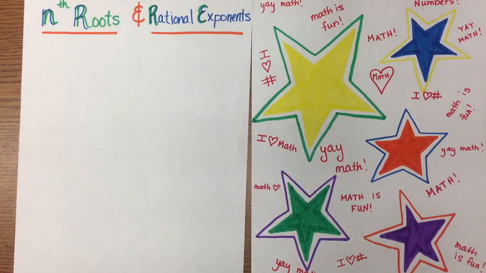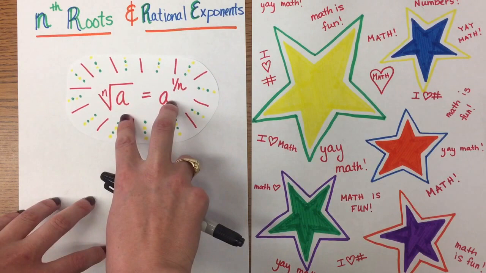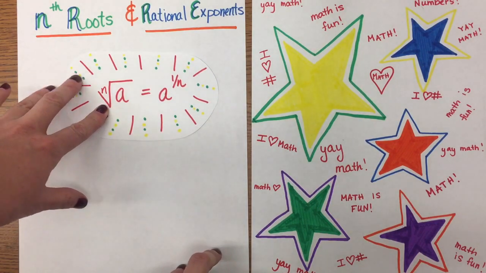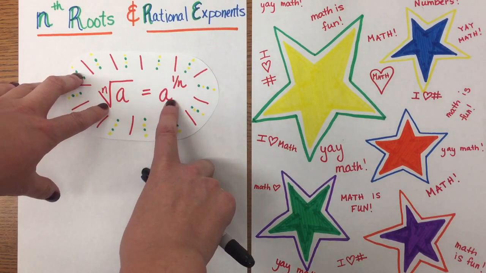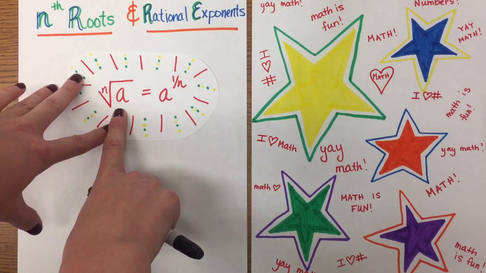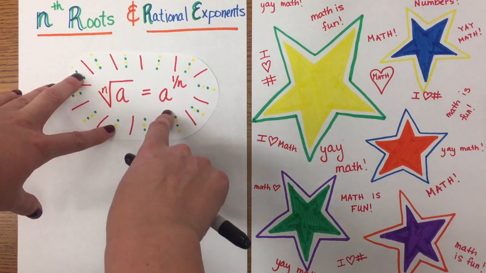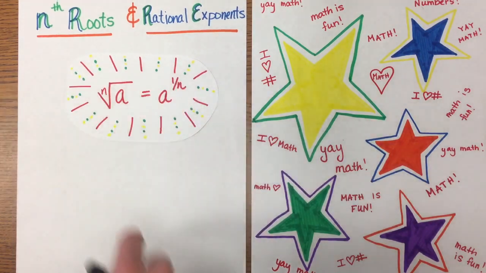When we start looking at nth roots and how they relate to rational exponents, we can look at the relationship as this. The nth root of a is the same thing as writing a to the 1 over n. So we can change a radical of an nth root into a rational exponent, or an exponent that is a fraction.